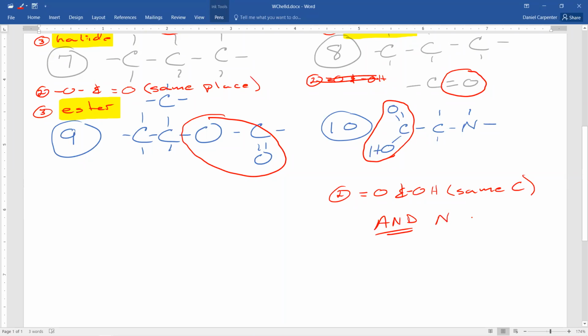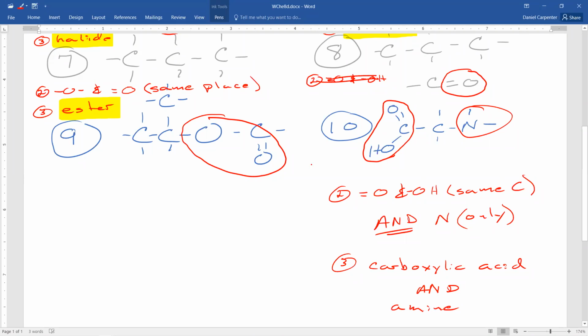We've got an N only on its C. So that means that there are two things going on here. This is a carboxylic acid and an amine. So we've got two things there.